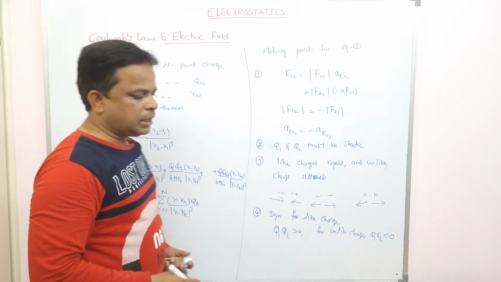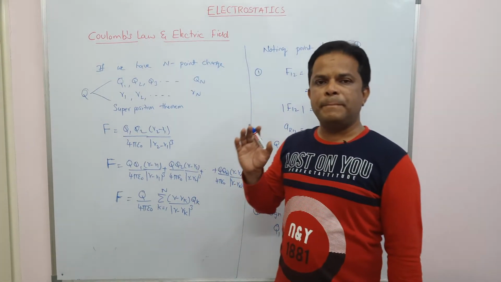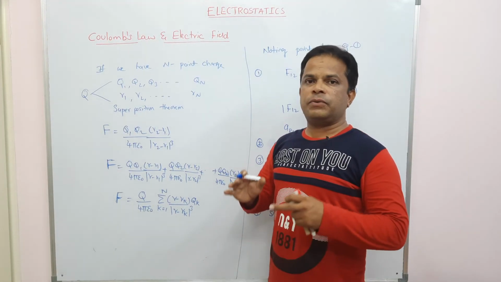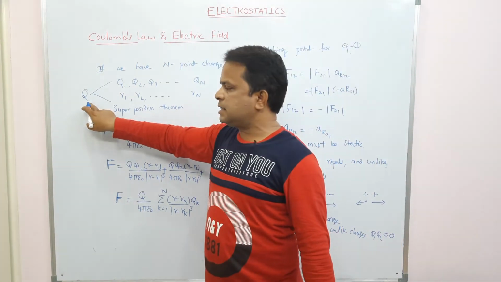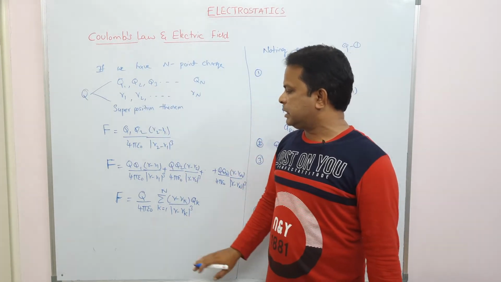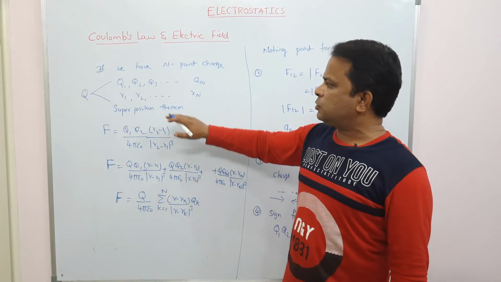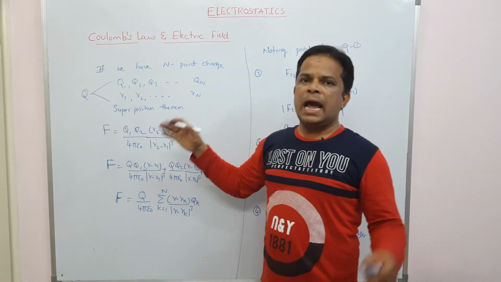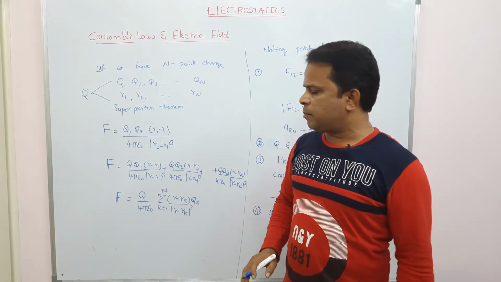This is how we can calculate the force on charge q in the presence of n point charges. I can calculate the total force by the superposition theorem, that is, individually calculating each force and summing all those forces into the final form of this equation.